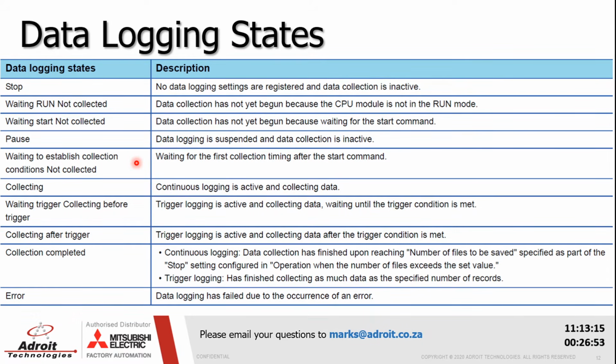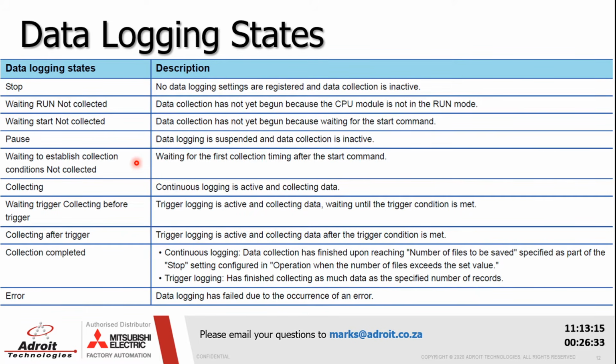And waiting trigger, collecting before trigger. Very funny words. Trigger logging is active and collecting data, waiting until the next trigger condition is met. So collection after trigger, that's when your trigger log is active and collecting data after the trigger condition is met.